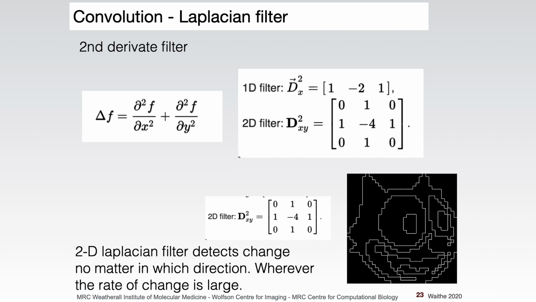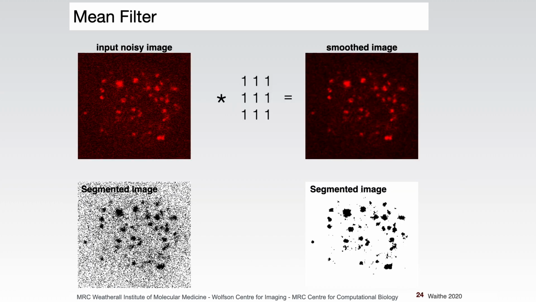Okay, so don't worry about that so much, but we can basically extract that through using a filter that looks like this. Similar to the last one, this will find the edges, and we call this a second derivative filter.